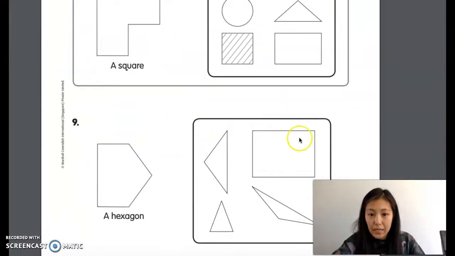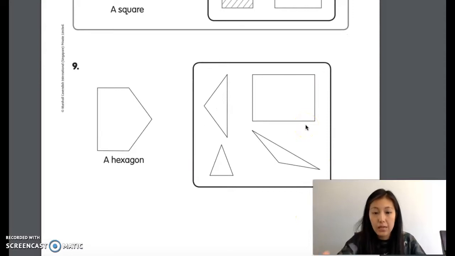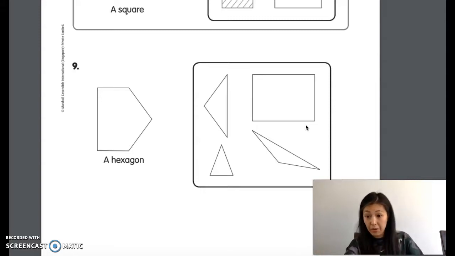So again, for today's homework, classwork, math work assignment, boys and girls, what you can do is, again, take these shapes. Okay, I will put these 2 pages up on the Google Classroom as well. So in case you want to cut them out, have mom or dad print it out first, because I know, again, in the workbook, sometimes they're front to back. So have mom and dad just print out these 2 pages to help you.